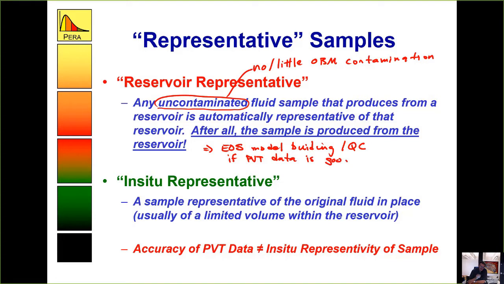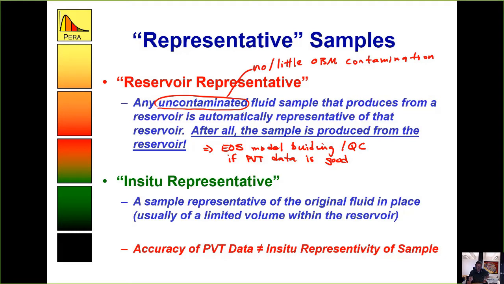Now, in situ representative samples are samples that actually represent a point-specific or an interval-specific average of the compositions that are in situ in the reservoir. There you're trying to use those to map out the spatial variation.